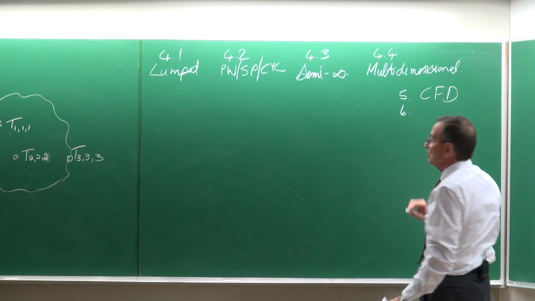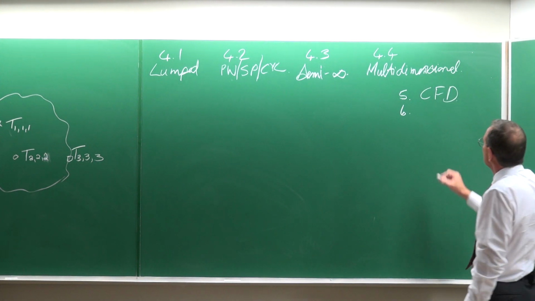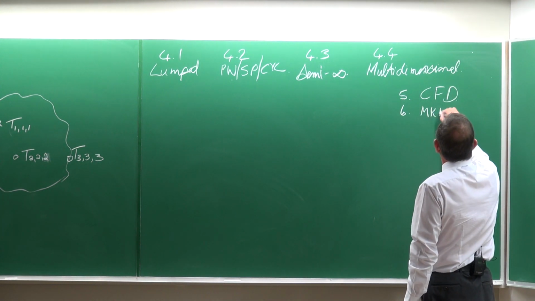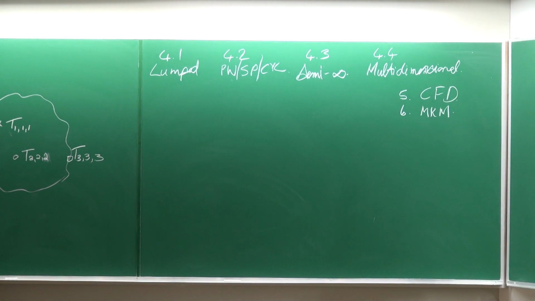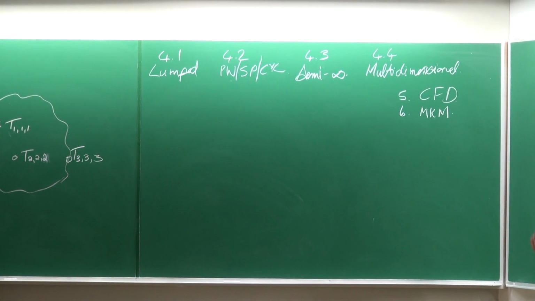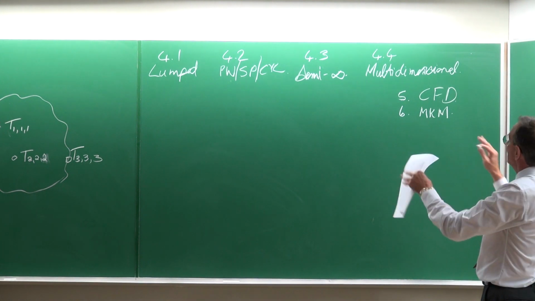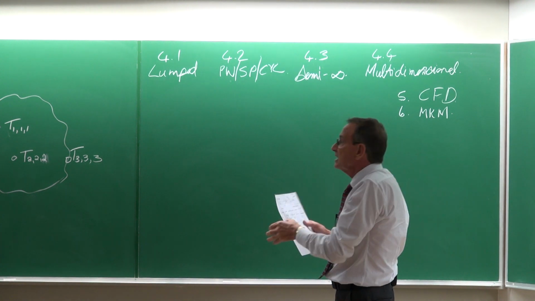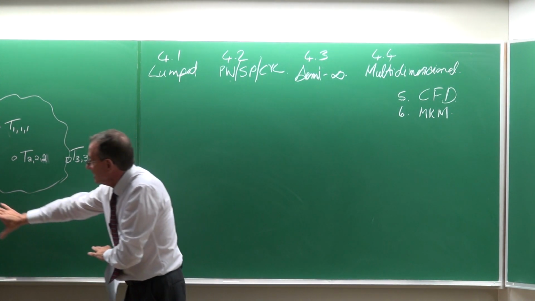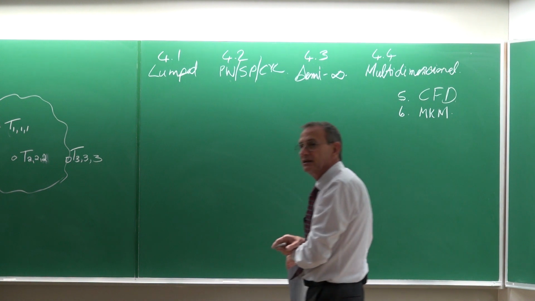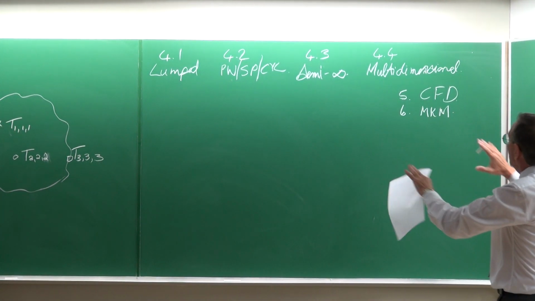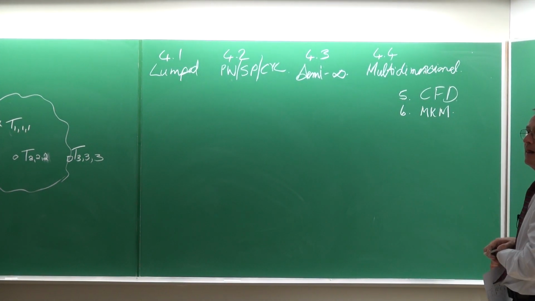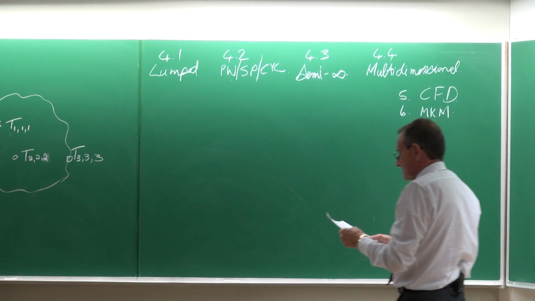And together with that, you're doing the module MKM, in which you're going to do the numerical solution by using the finite element method and the CFD methods. So that is a description of, if we would like to study unsteady or transient heat transfer problems, where we should look and what is coming to us.